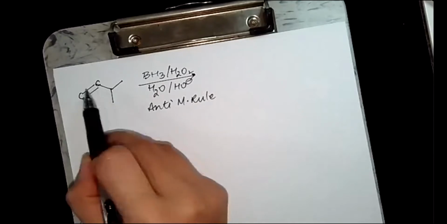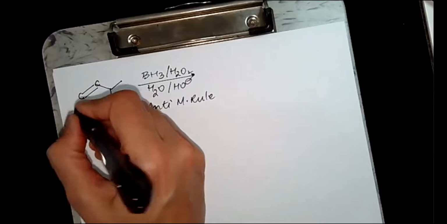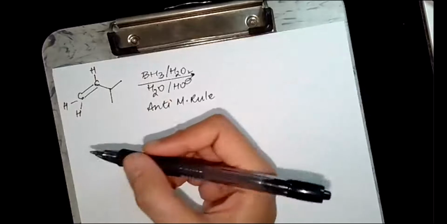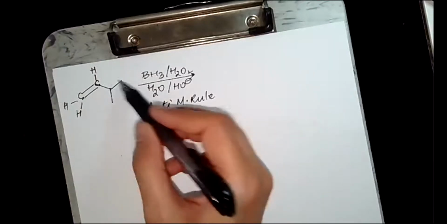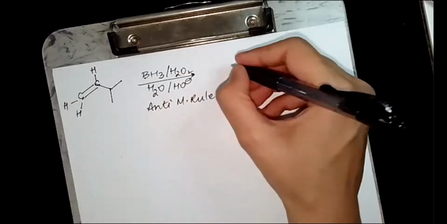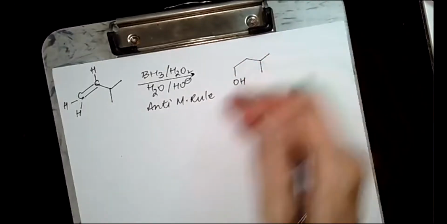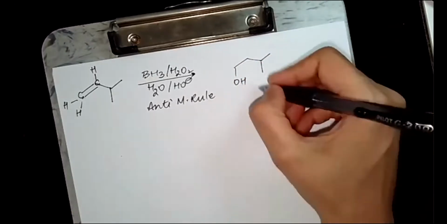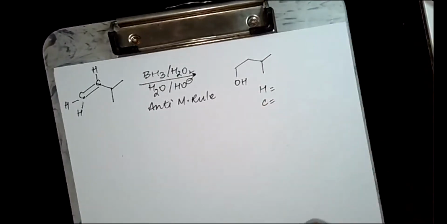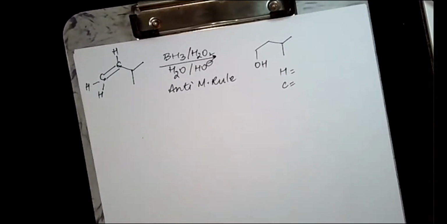Now, there are 2 hydrogens here and 1 hydrogen here, but only this carbon has some substitutions on it. And if you do the NMR, the number of signals for this structure will also be different from the NMR that we did for the other 3.